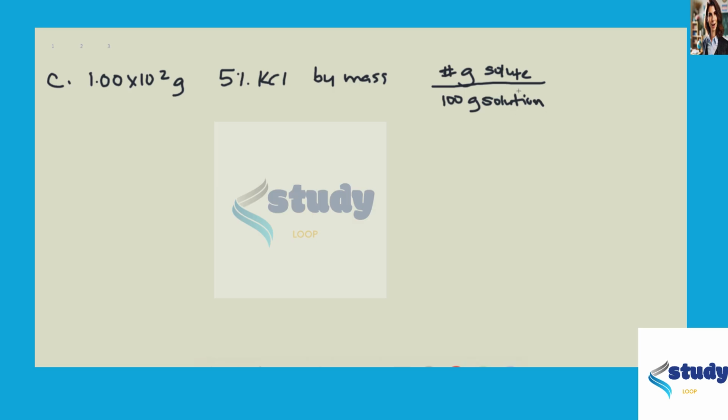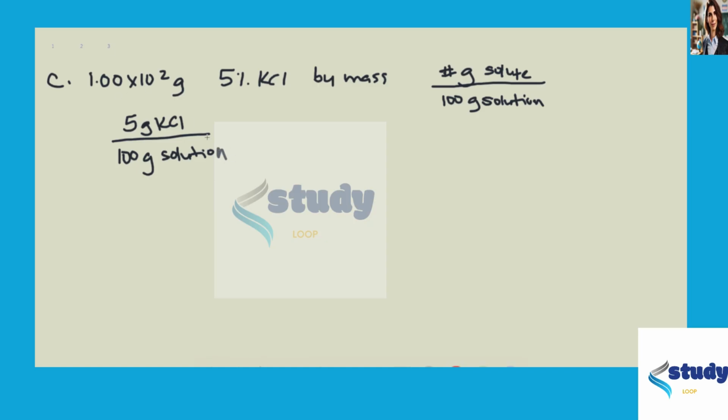So for every 100 grams of potassium chloride solution, there are 5 grams of pure potassium chloride.